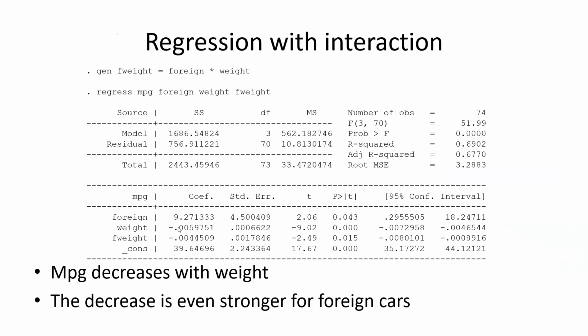This is a negative slope, and if it's turned on, it's even more negative. It's larger in absolute value, but still negative, but more negative sounds good. So what happens is the decrease is even stronger for foreign cars as a function of weight.